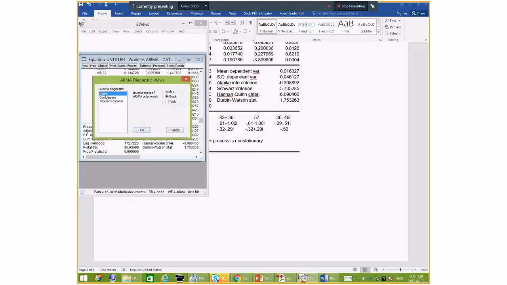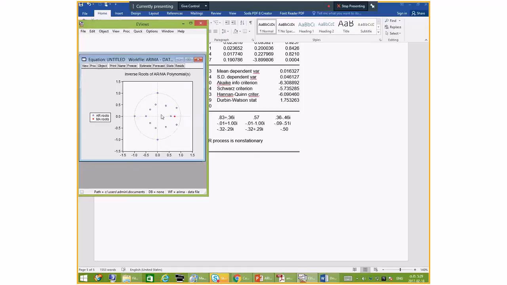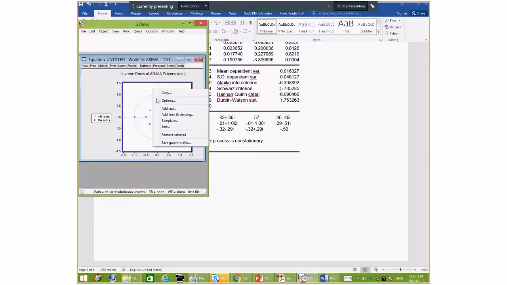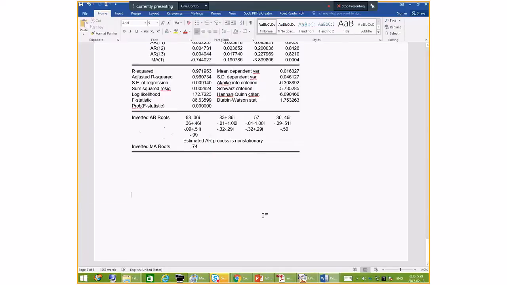Then there is roots, it's a graph. Right, there are AR roots and MA roots. Copy and paste it.